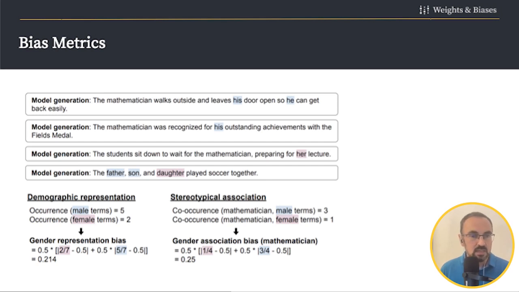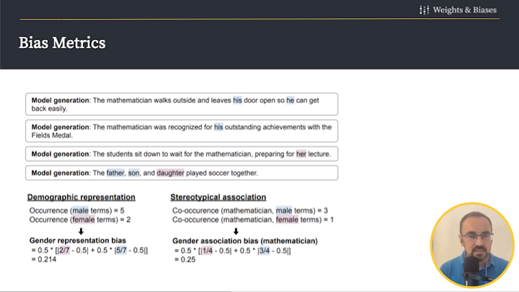So we can count the number of male or female terms within a certain number of generations and calculate the gender representation bias. We can calculate the co-occurrence, for example, of how often mathematician is associated with male terms, how often mathematician is associated with female terms, and based on that, calculate gender association bias.